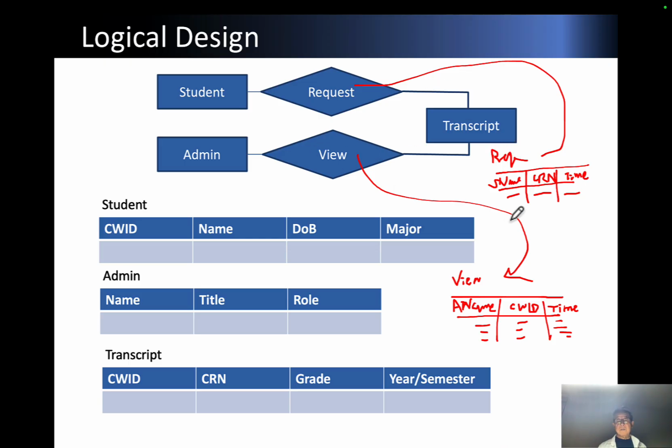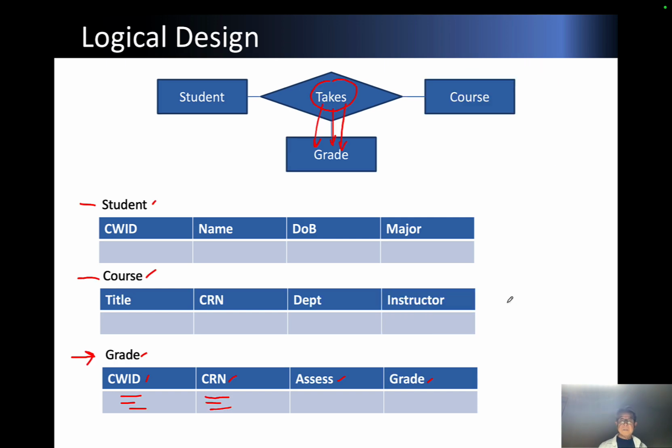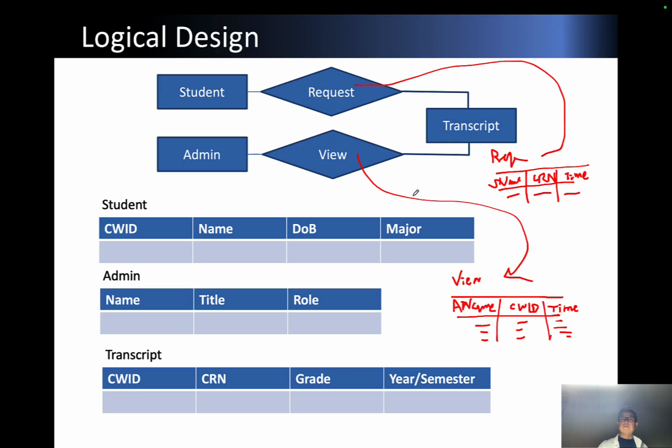This diamond is also converted to that table as well, right? If we see the previous, this diamond disappeared because the diamond is absorbed into one of the tables. We don't need to have this. If it is needed, then we have to make its own separate table. As I said, it depends on the use models. How can we use it? What is the requirement of use? To support that user requirement, we need to do it in this way.